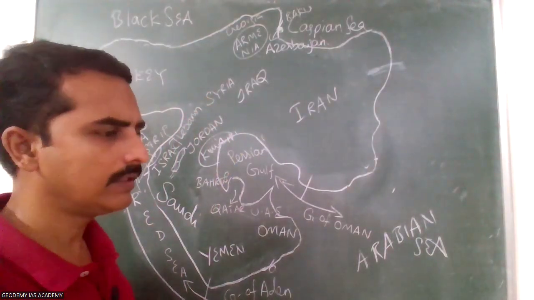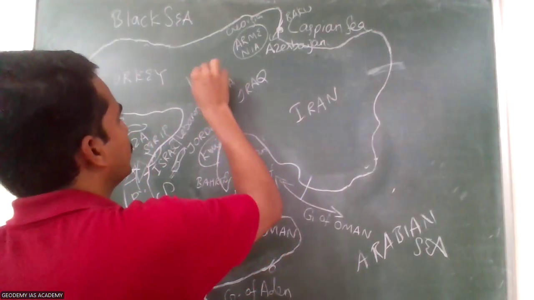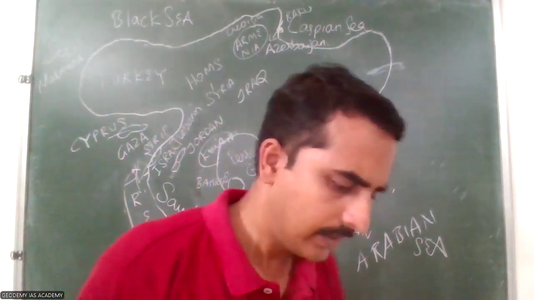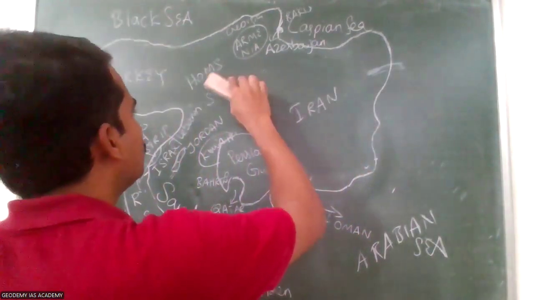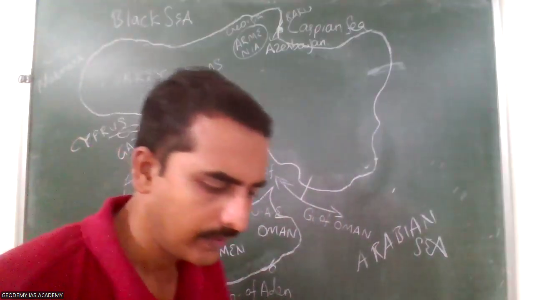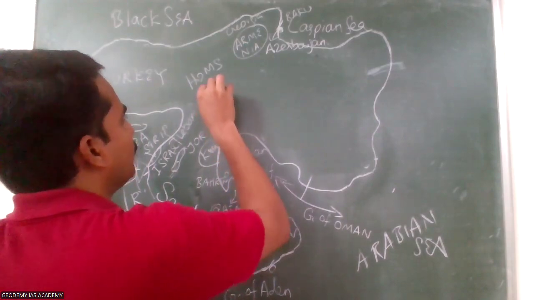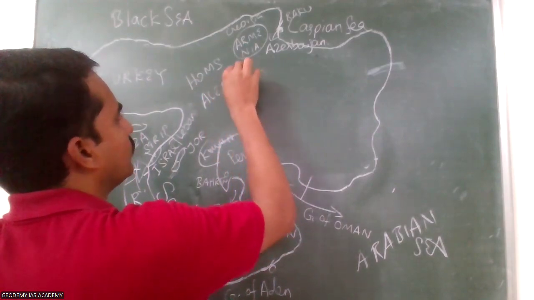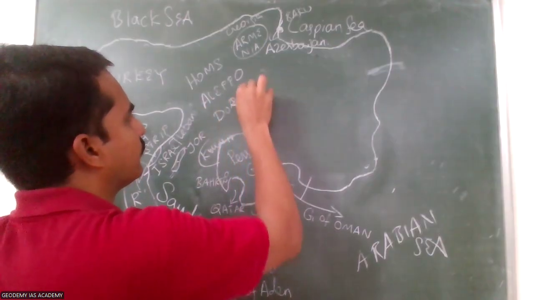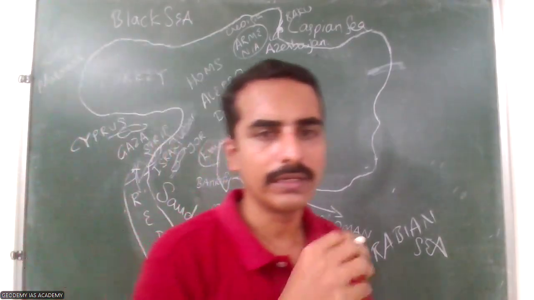Particularly the city of Homs in Syria, and Aleppo. Aleppo is ancient. Actually, almost all the cities they captured are ancient cities: Homs, Aleppo, Daraa, which is nearer to the Golan Heights region.